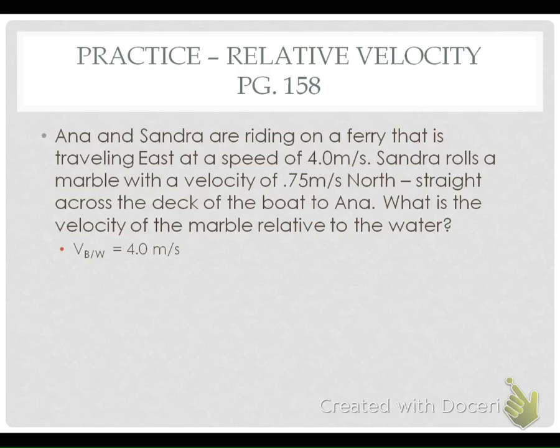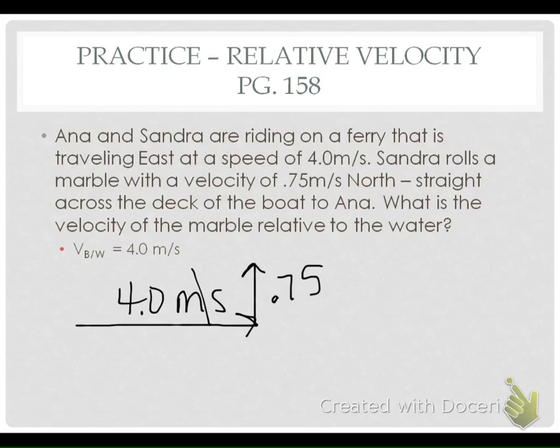Our original vector goes east at 4.0 meters per second. The marble gets rolled north at 0.75. So we need to find the resultant of this triangle.